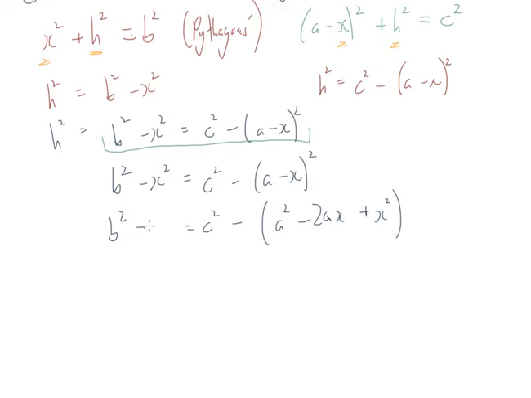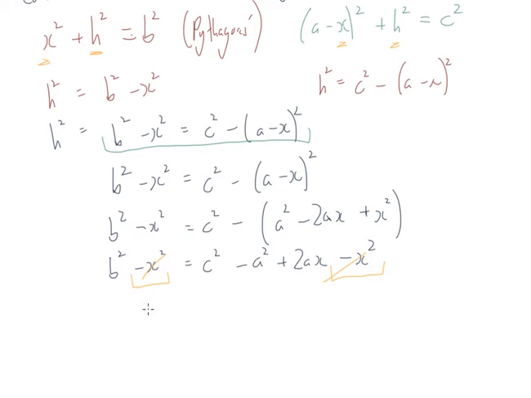So b squared minus x squared is c squared minus all this, so b squared minus x squared equals c squared minus a squared plus 2ax minus x squared. What I've got now is minus x squared on both sides, so I'm going to cancel them.